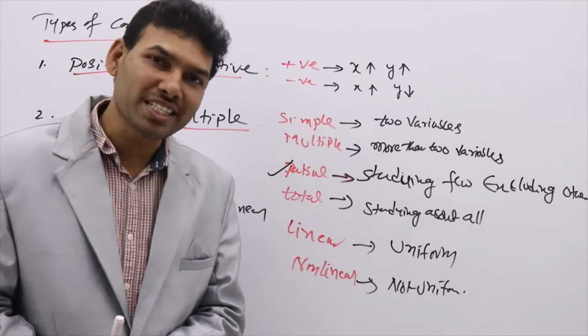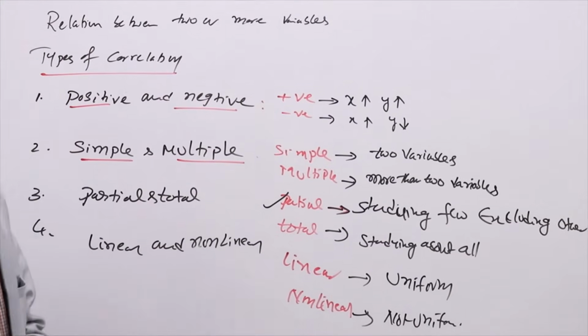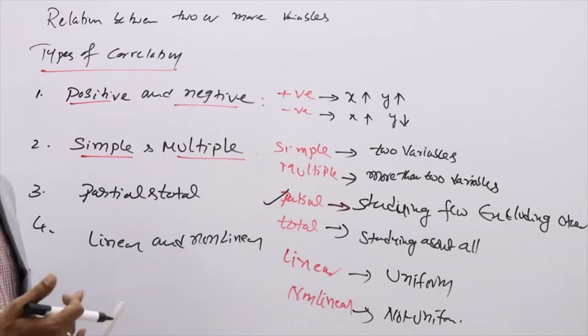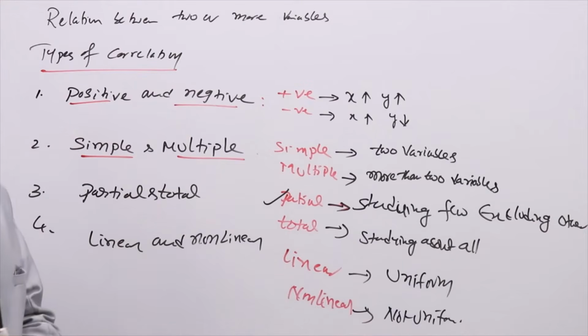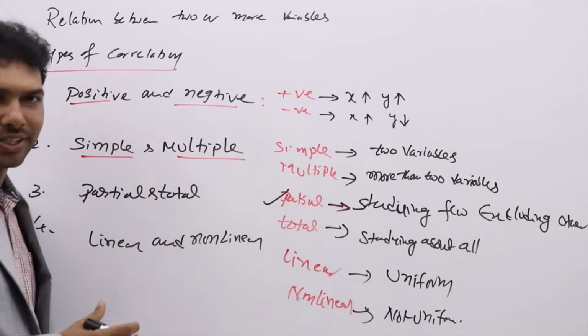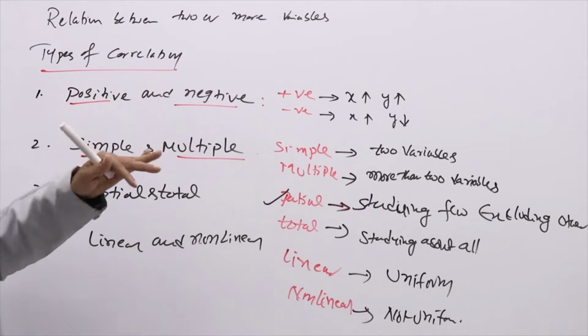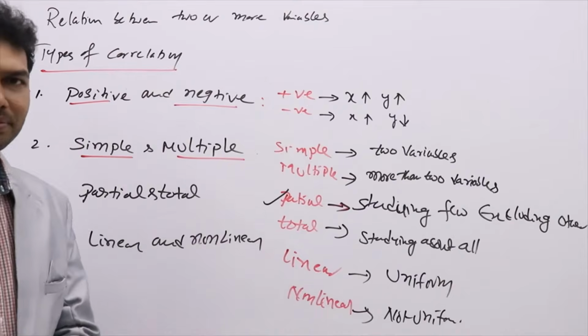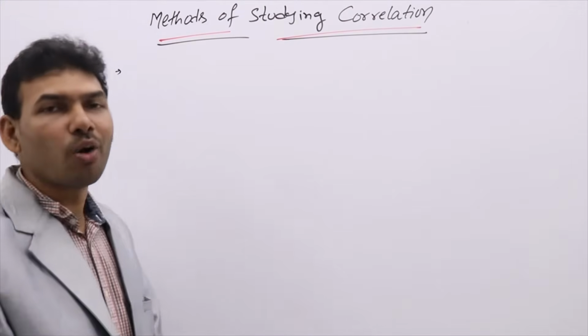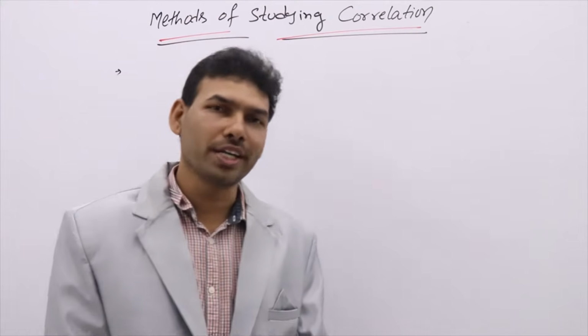What are the methods of studying correlation? In what way are we going to evaluate the correlation coefficient? These all we will discuss in the study of correlation. Are you clear what correlation is and the types of correlation? Methods of studying correlation: how are we going to find correlation?